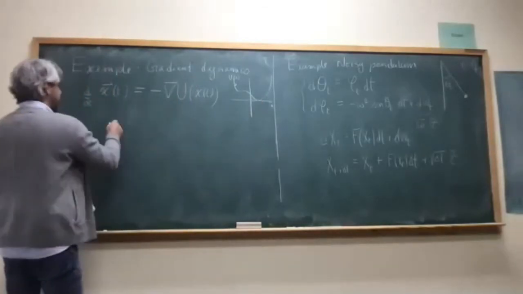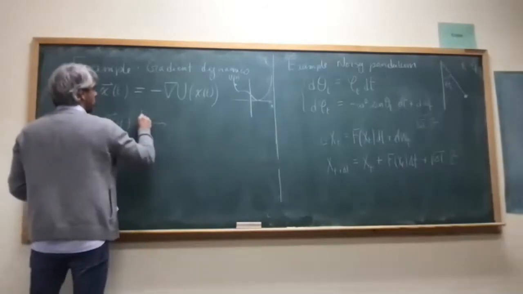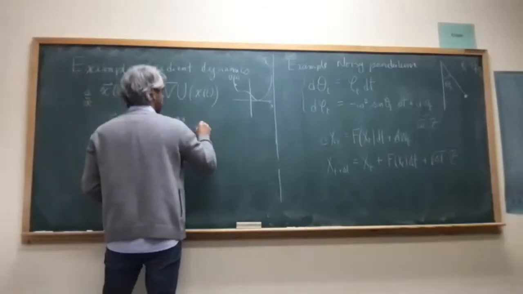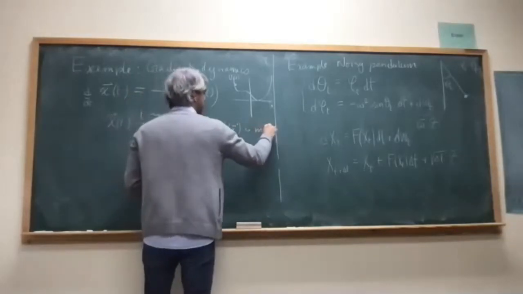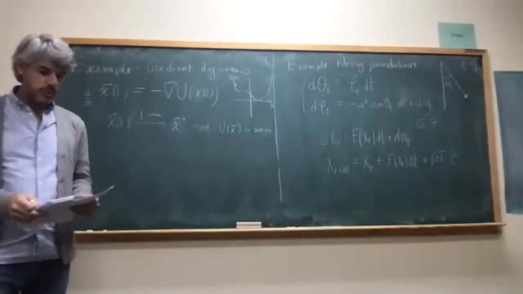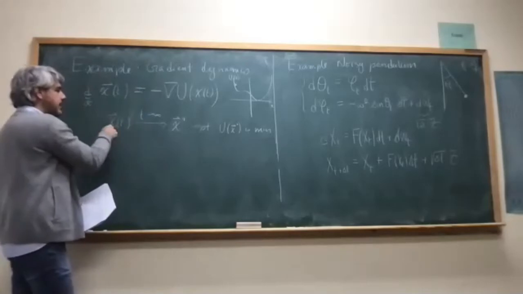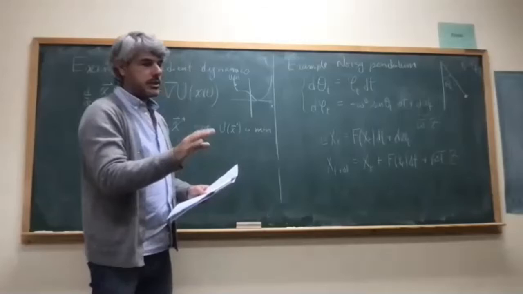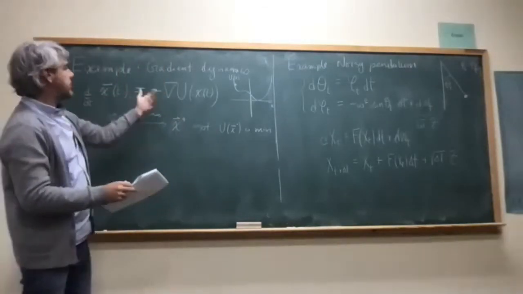So what's happening there is that as time goes to infinity, this will go to some critical point such that u is a minimum. Okay, assuming that you have a minimum. So I'm assuming that I have a potential function that has a minimum, and so if you solve this dynamics, the state and time will go to the minimum. And the reason why it will go to the minimum is because, again, the gradient will be 0 there, so then the dynamic stops. dx will actually be 0.